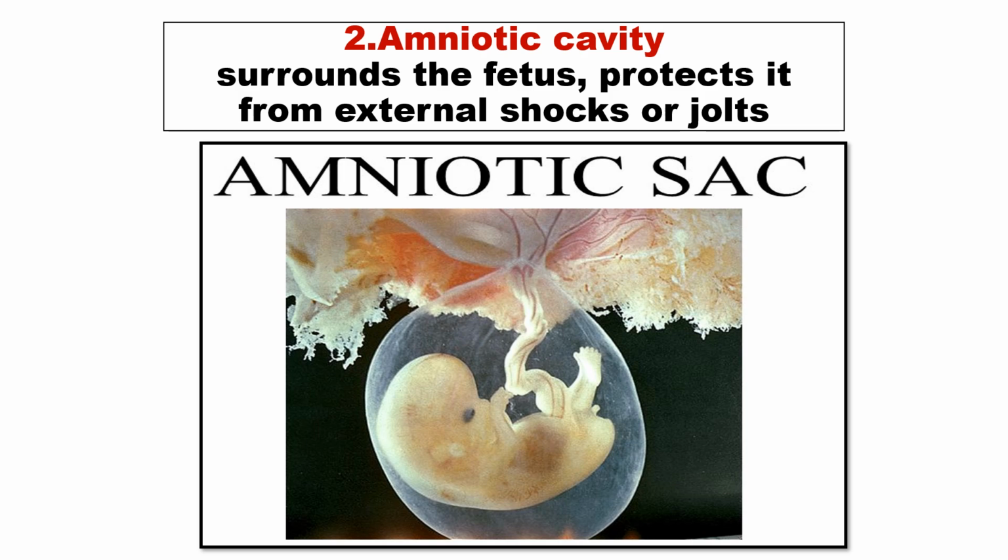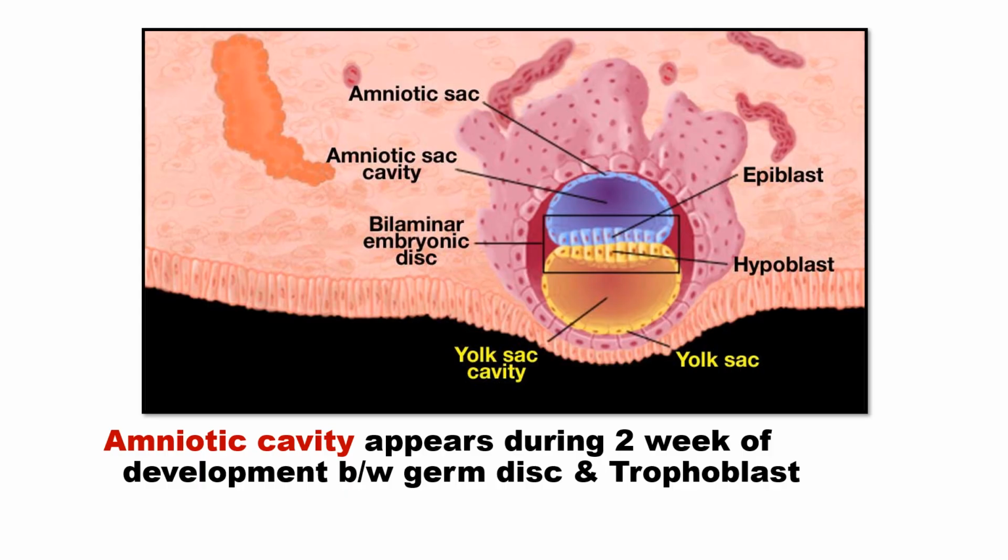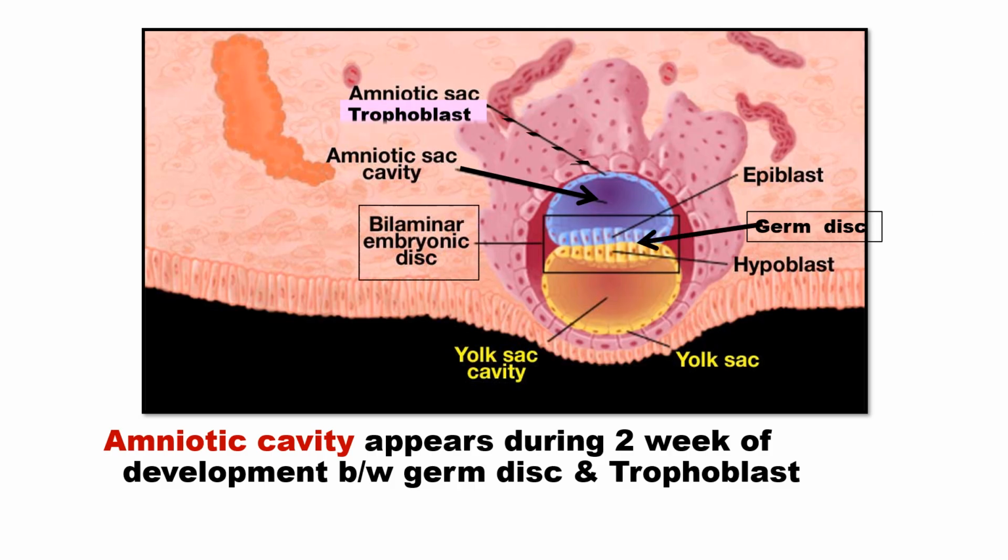Next, coming to the fetal membrane, that is the amnion and the amniotic cavity. The amniotic cavity surrounds the fetus and protects it from external shocks and jolts. It appears during the second week of development, present between the germ disc and the cytotrophoblastic cells.